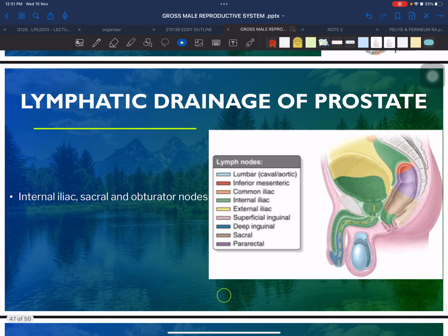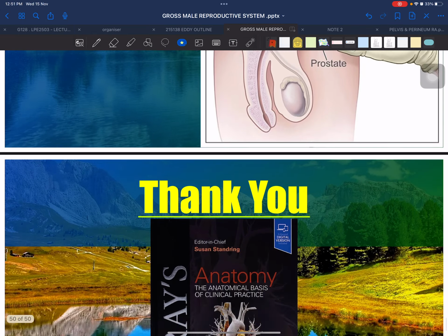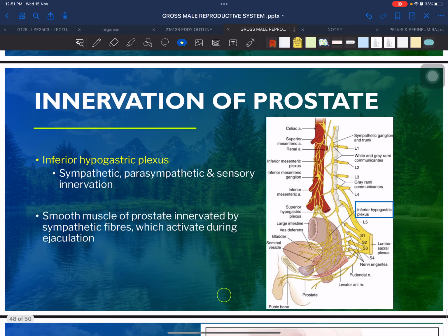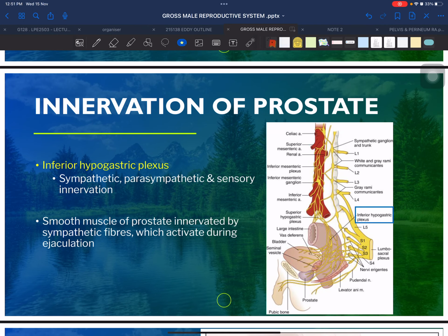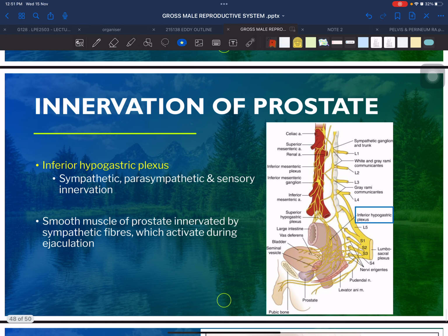So innervation of prostate is from the inferior hypogastric plexus, it has sympathetic, parasympathetic, and sensory. The smooth muscle of the prostate is innervated by the sympathetic fibers, which activate during the ejaculation. So this is how you perform the rectal examination or PR.